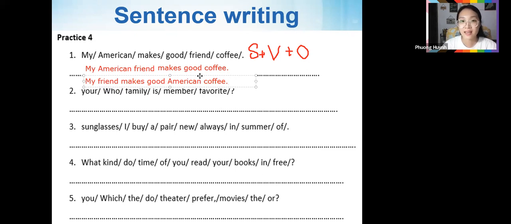Rồi câu số 2. Rồi câu 2 bạn biết không, cái cấu trúc favorite đó bạn. Cấu trúc favorite, cấu trúc yêu thích nhất thì mình luôn luôn có một mẫu câu cố định là what is your favorite, đúng không bạn? What hoặc là who các bạn ha.